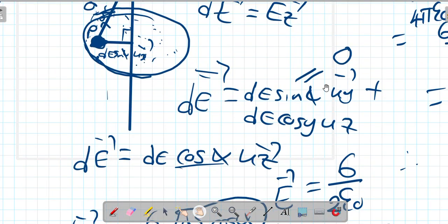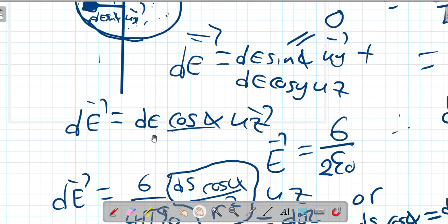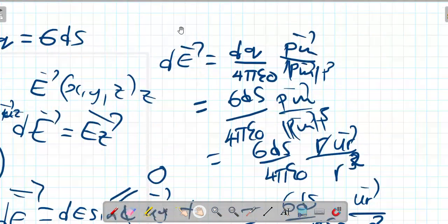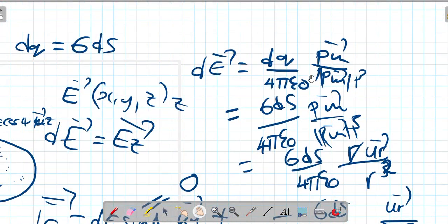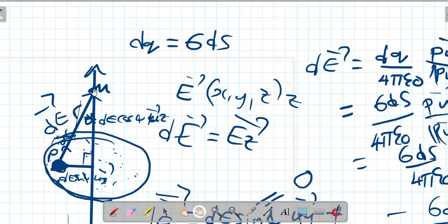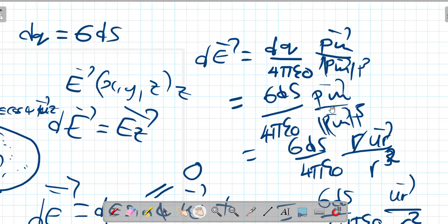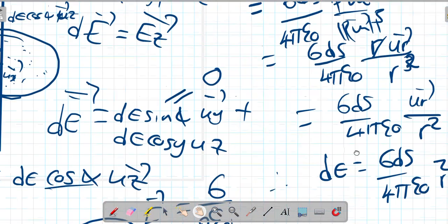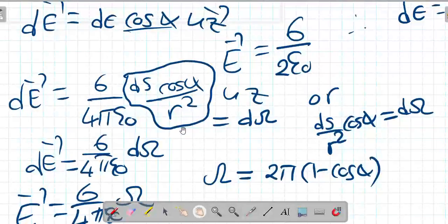Then also identify that the only component that survives will be the x component. Then find dE first, the general formula for dE. You can give the distance between them r or l or whatever. Then this is alpha. Then you just compress it and identify it.